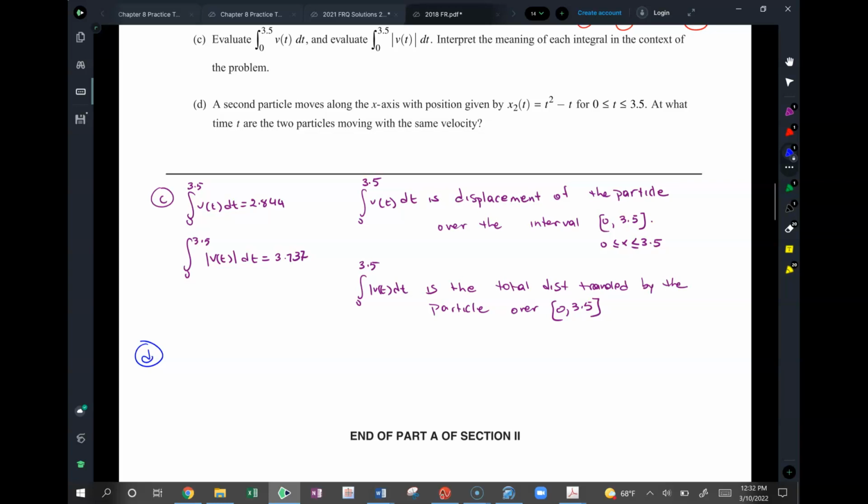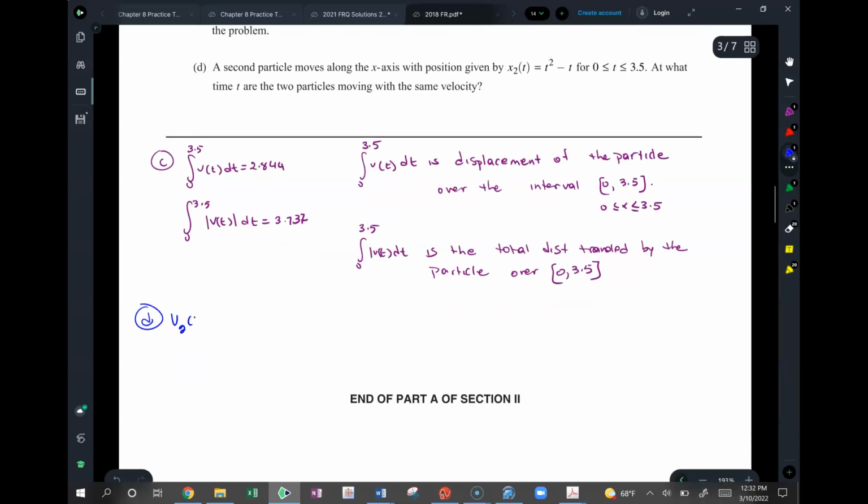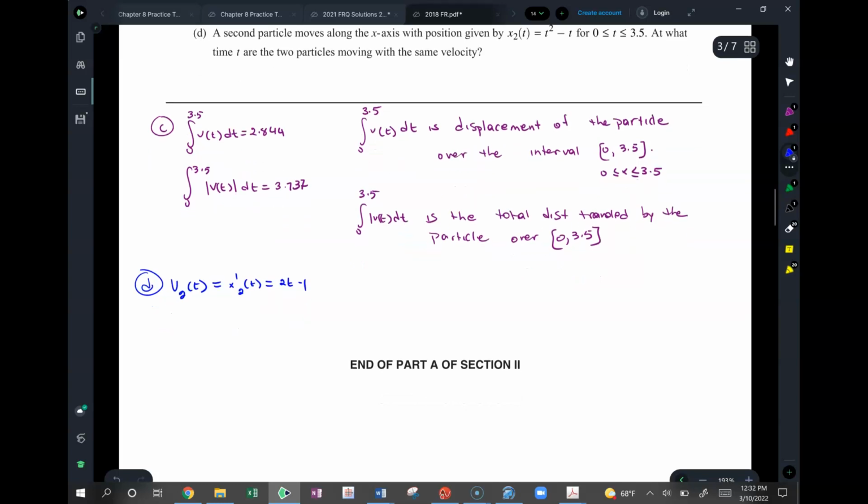And then set it equal to the original v. So v2 of t is x prime 2 of t, which is 2t minus 1. And now you want 2t minus 1 to equal the original v of t.